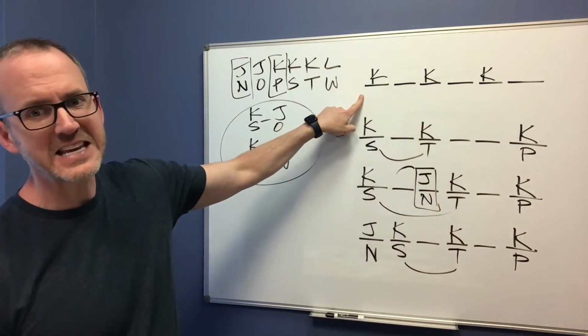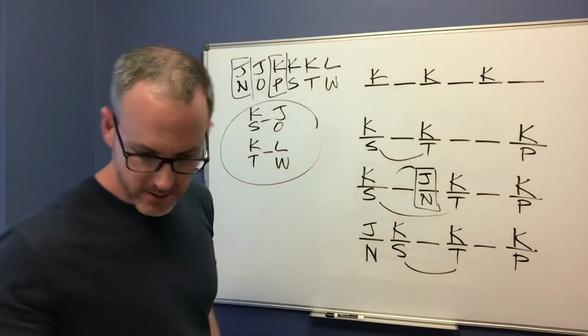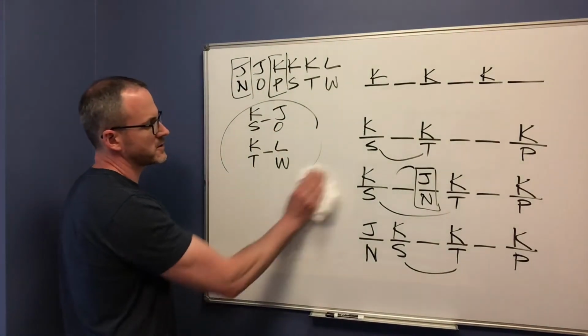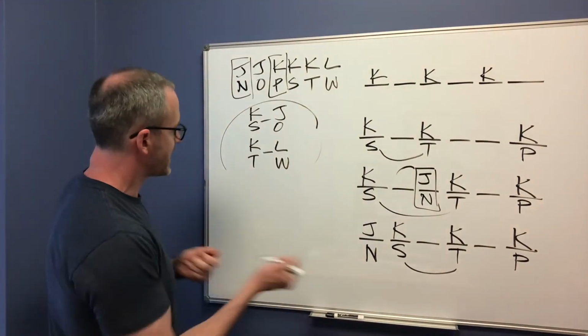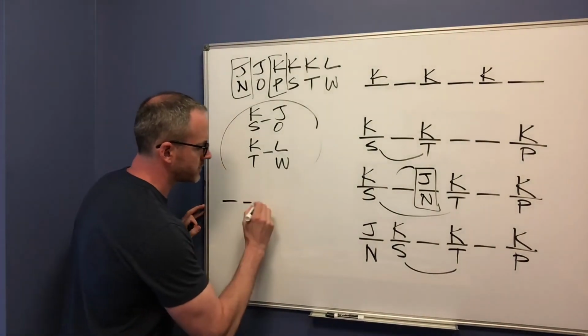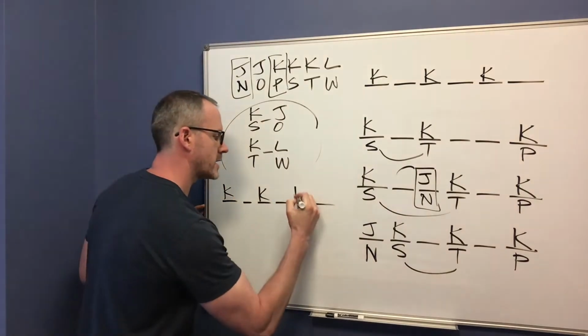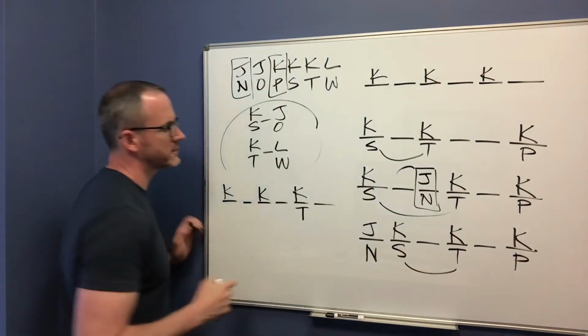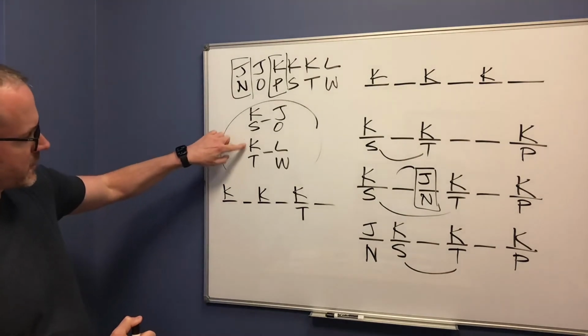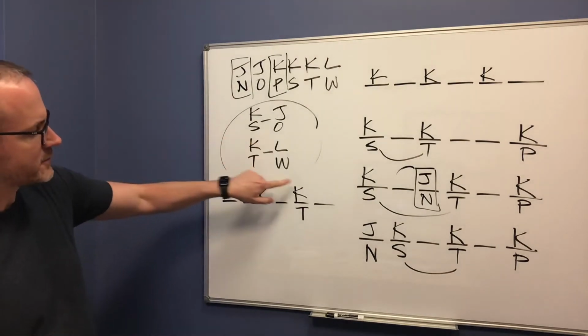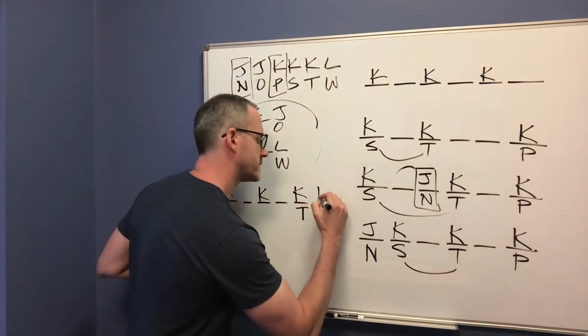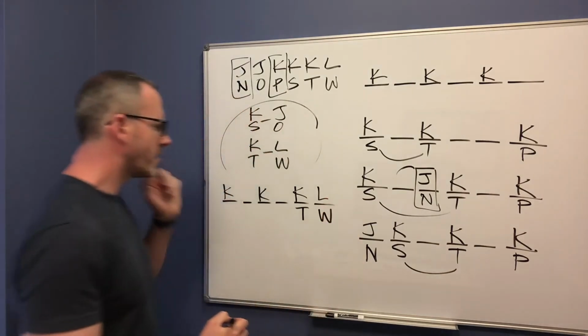If T is presented fifth, I'm going to go ahead and make a little space down here. I know I'm in this world. 1, 2, 3, 4, 5, 6. K, K, K. We know that T goes there. I know that if we have KT, I have to have LW after it. So this is going to be LW.